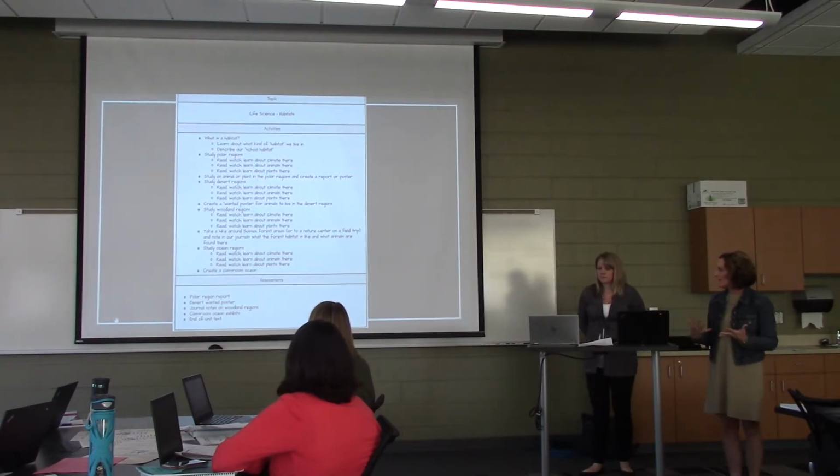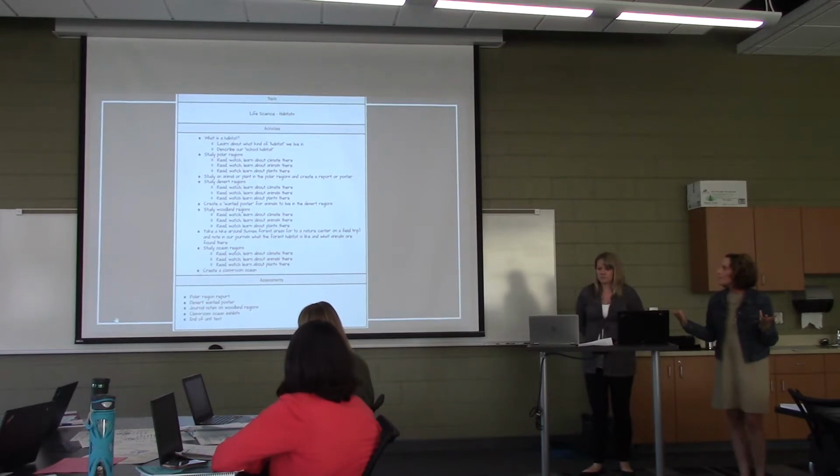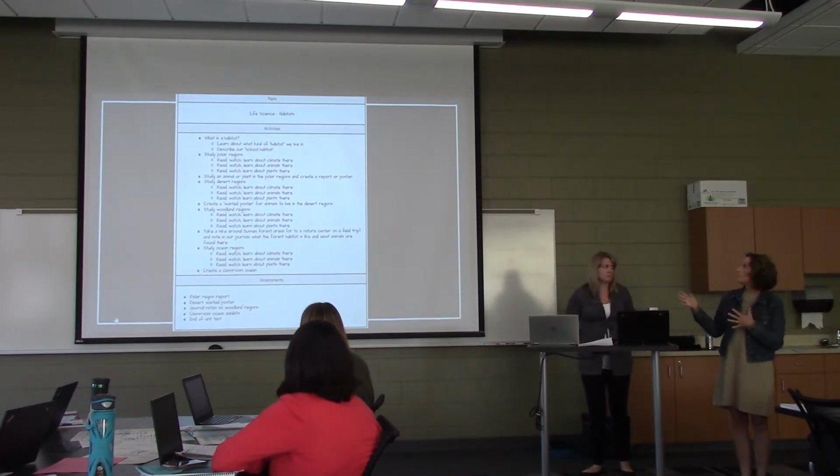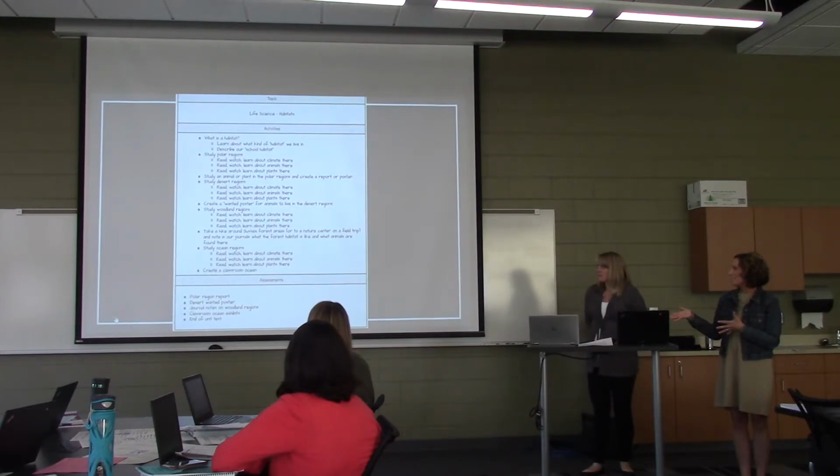So my assessments are going to be a polar region report, a desert wanted poster, the journal notes on the woodland regions, my classroom ocean exhibit, and then an end of the unit test. So I have a thread talking about habitats. We're going to take this unit and redesign it using the backward design process. That's the plan.